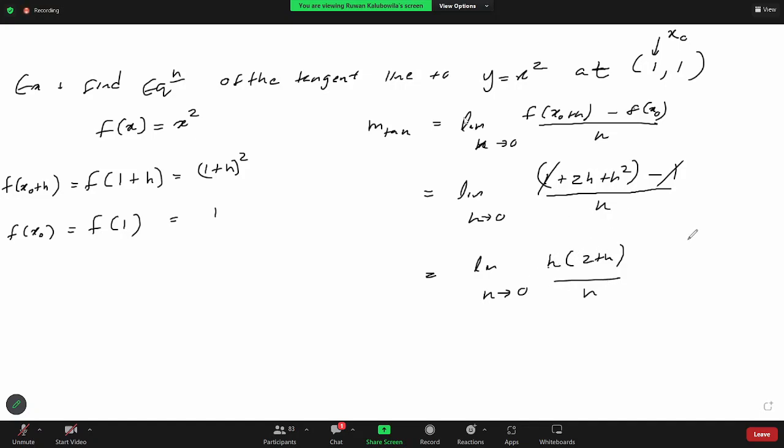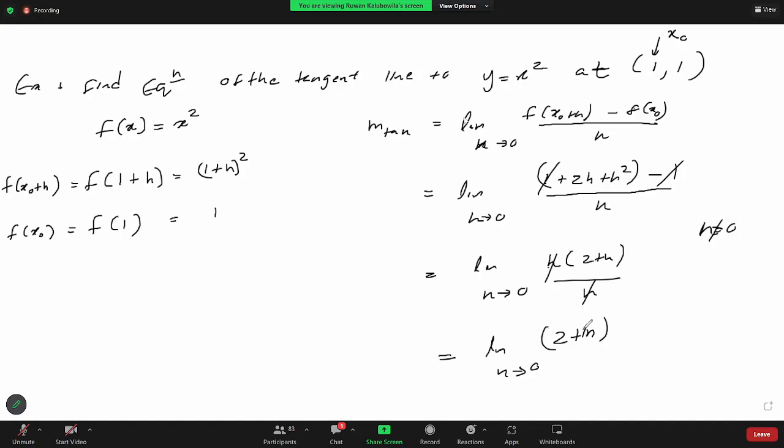So here h is not equal to 0, right? If it goes to 0, we cannot do this, but we are approaching h to 0. So you can divide it. You can remove this, then you have the limit as h goes to 0 of 2 plus h.